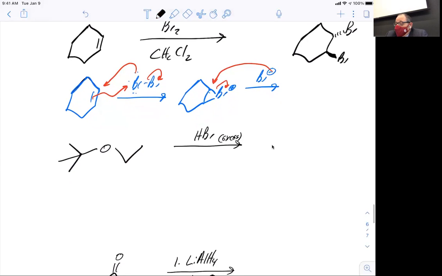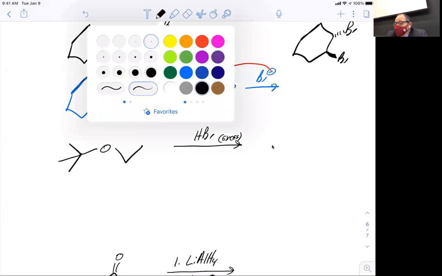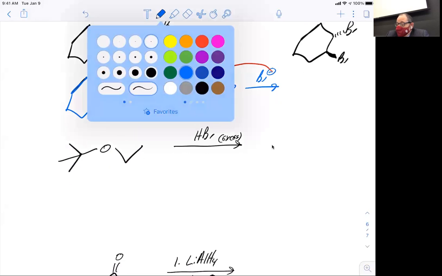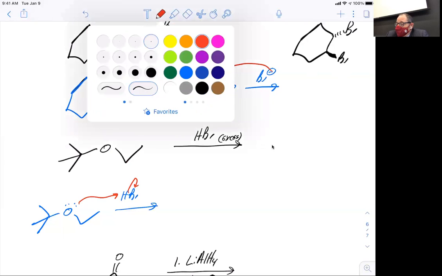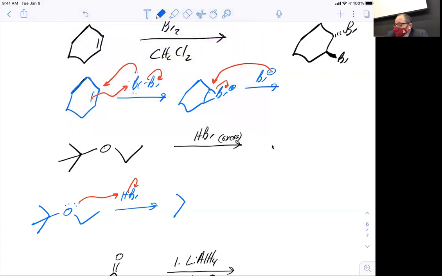Okay, on the next one, we have an ether. The ether is really only reactive with acid conditions, so acid cleavage. So again, let's look at the mechanism. So HBr, oxygen is going to react with the acid. So we get a proton transfer. Then we have the protonated form.